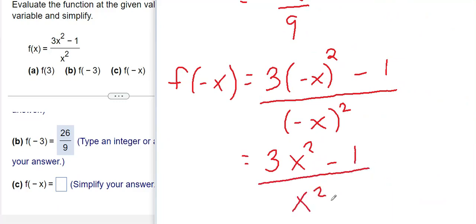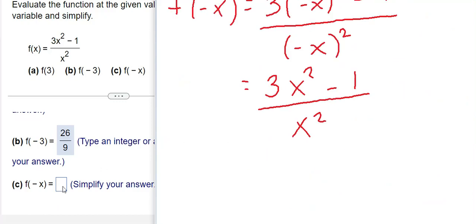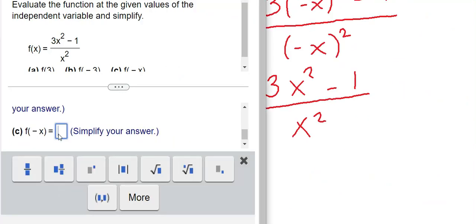And you'll notice again, like on the last one, this is the same as the original function, and that will later on tell us about this function. It tells us about its symmetry, and it tells us about its shape in some ways. So 3x to the second, subtract 1.